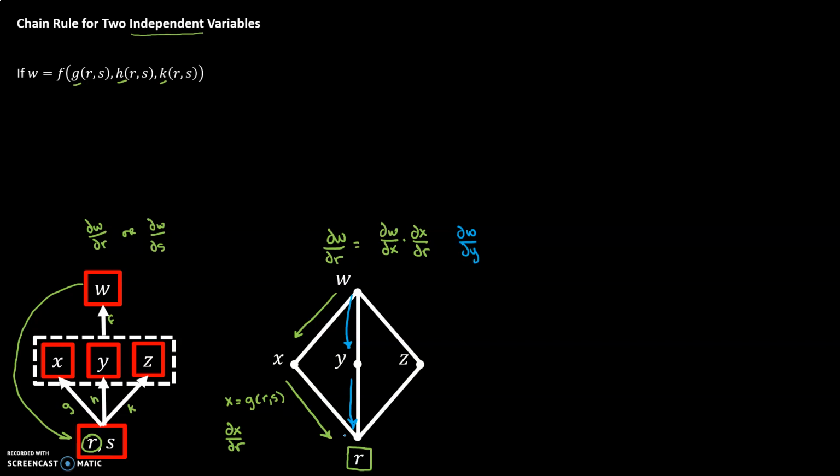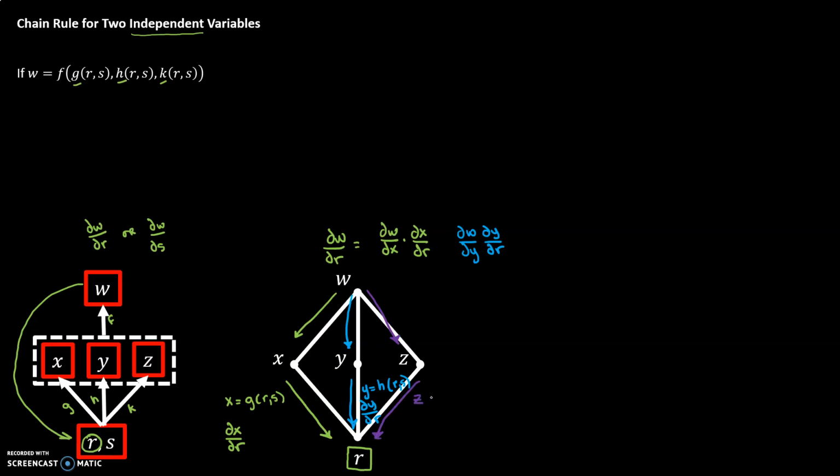And then from y to r, because y is a function h of r and s, we know that this would be a partial as well: partial y with respect to r. And we have one more branch to go down. w goes to z, and then z goes to r.